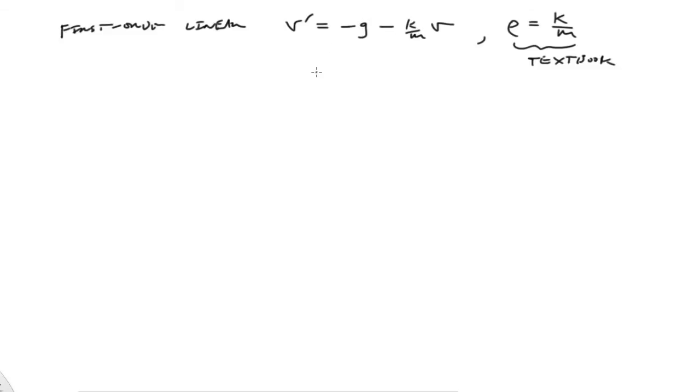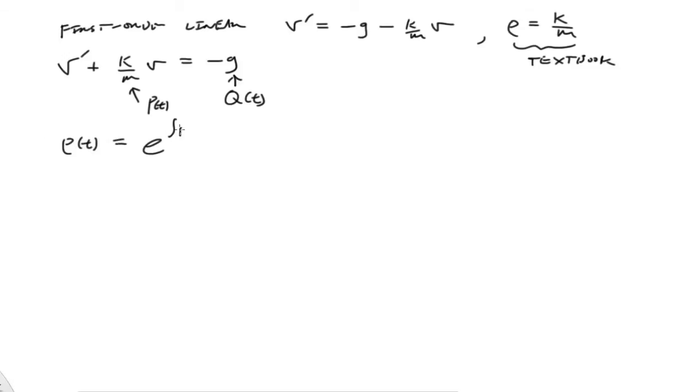Okay, so here's our differential equation. We can move that part over so we have v all on one side of the equation. And we can clearly see that that is our p of t, and this is our q of t, in the vernacular of the first order differential equation. So our rho of t, our integrating factor, is simply going to be e to the integral of p of t, which will just be e to the k over m t.